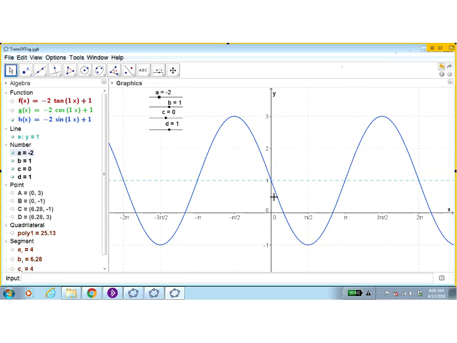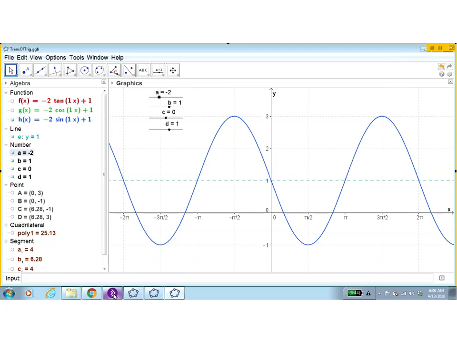It flips it, right? We call that a horizontal flip because we're flipping about a horizontal line. So instead of going up and then coming back down, since my A is negative, I go down first and then back up. And you will see equations that have a negative value for A.